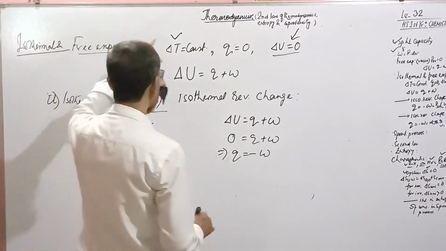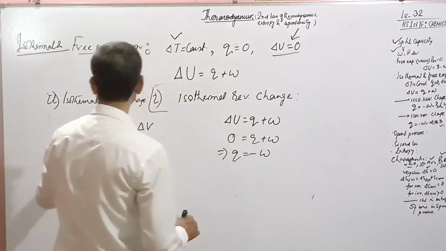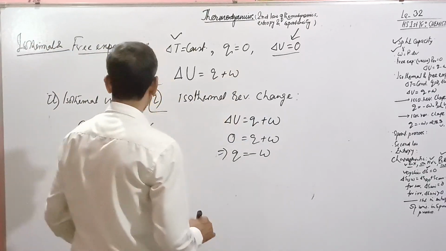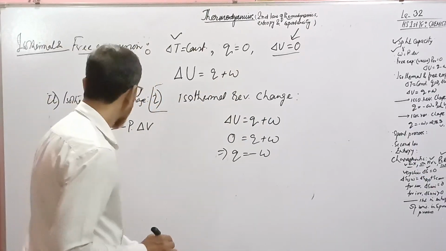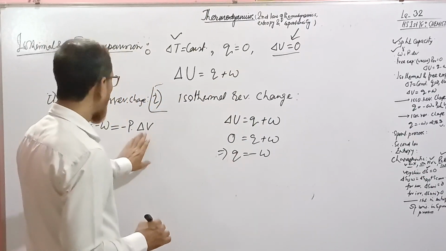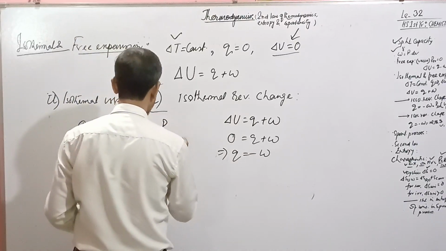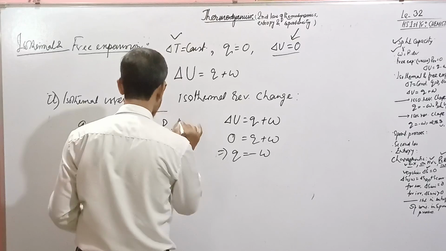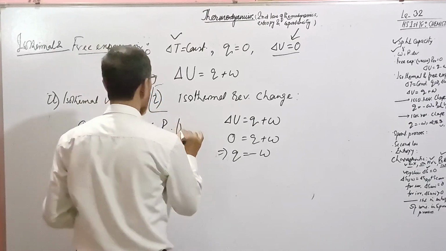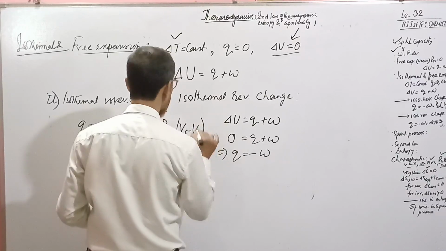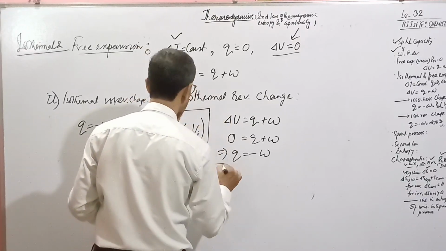So in the process del U is equal to 0, putting del U in the first law, we get Q is equal to minus W, and W is the work done, equal to minus P del V. This pressure is called P external, into what is the change in volume? Volume final minus volume initial is the change of volume.